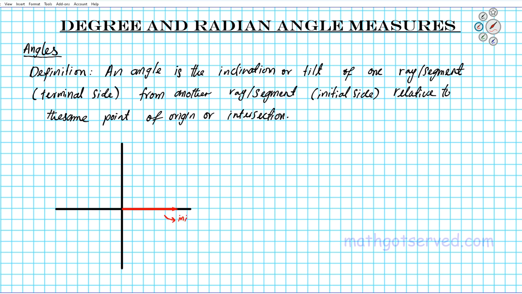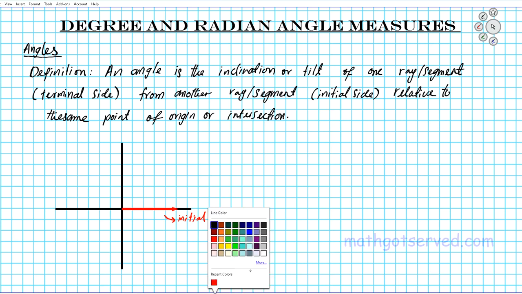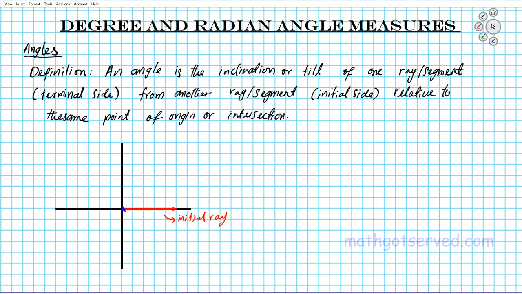Now we're going to create an angle by starting from that initial ray. We're going to have a tilt or inclination from that in one direction or the other. So starting from your initial ray, you have a tilt or an inclination.